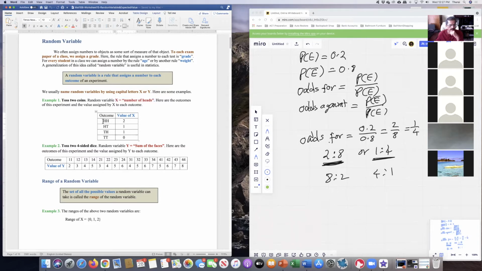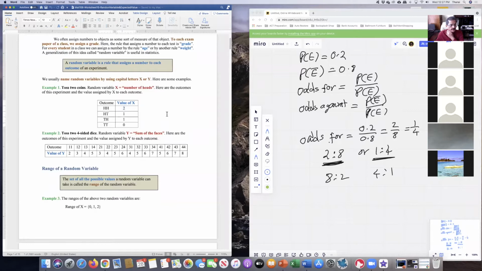I'm writing all possible outcomes here and the corresponding value for the random variable. Since the random variable represents number of heads, when the outcome is HH, the value of X is 2. For HT, it's 1. For TH, also 1. For TT, it's 0. So a random variable can take the value 0. It can take negative numbers too, depending on the definition.